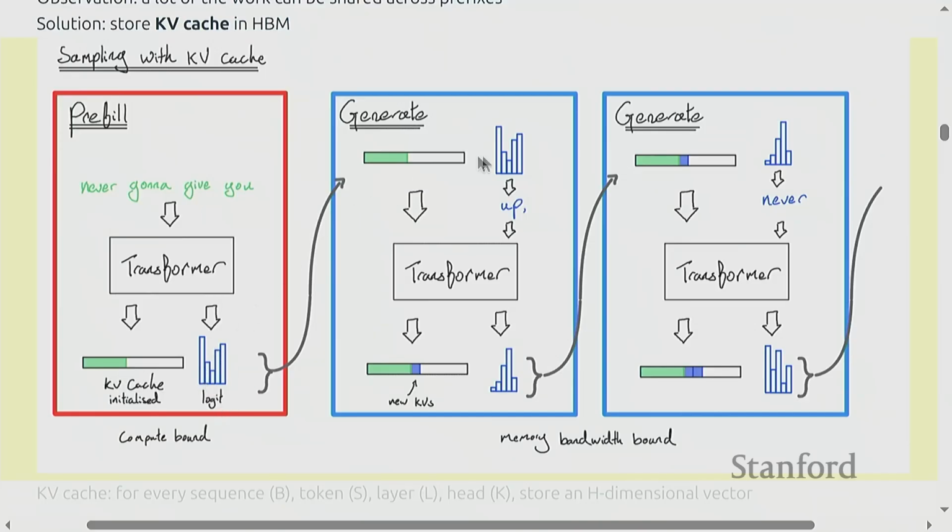Then you take that generated token and the cache and feed it through the transformer, but you've already computed these, so you don't have to do that again. You just need to compute the new KV vector for this token. That allows you to more quickly generate the next token and so on. So you're filling up this KV cache, which corresponds to the tokens that you've either pre-filled with or generated so far. Okay, so instead of t squared per token, it's going to be more like t.